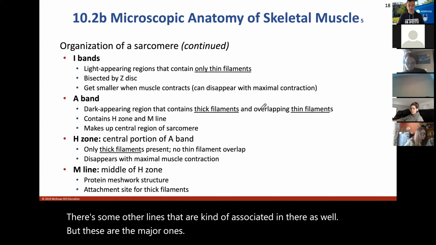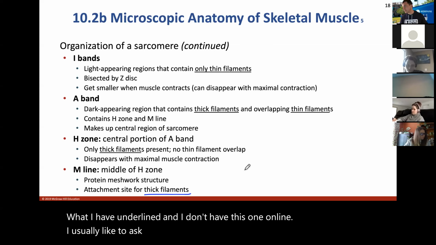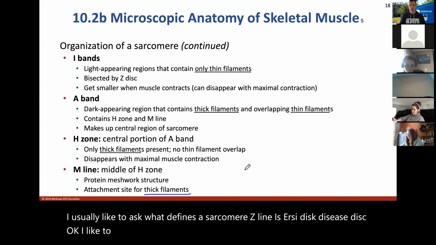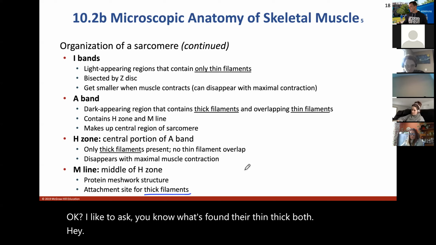I usually like to ask what defines a sarcomere. Z line, or Z disc to Z disc. Okay. I like to ask, what's found there? Thin, thick, both. I like to ask a few of those things.